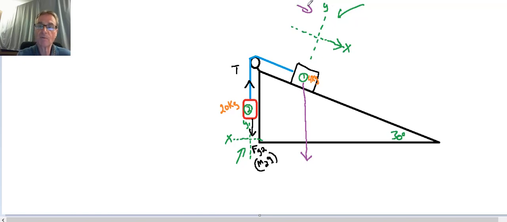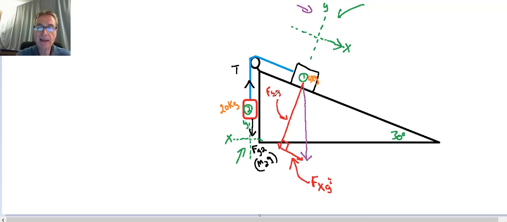No, it isn't. So I'm going to have to determine my x coordinates and my y coordinates. This is a right triangle here. This is going to be my x component of gravity. This will be my y component of gravity right there.